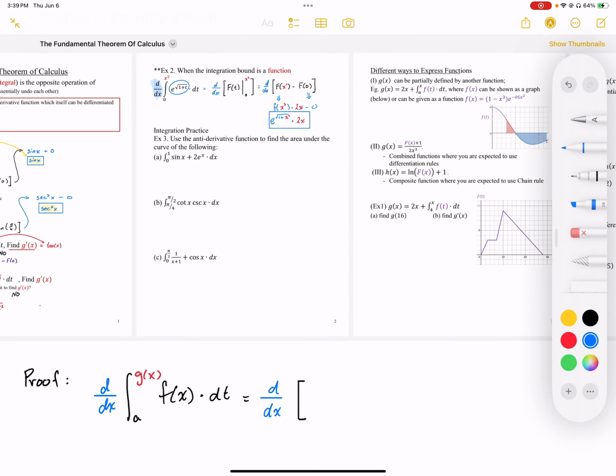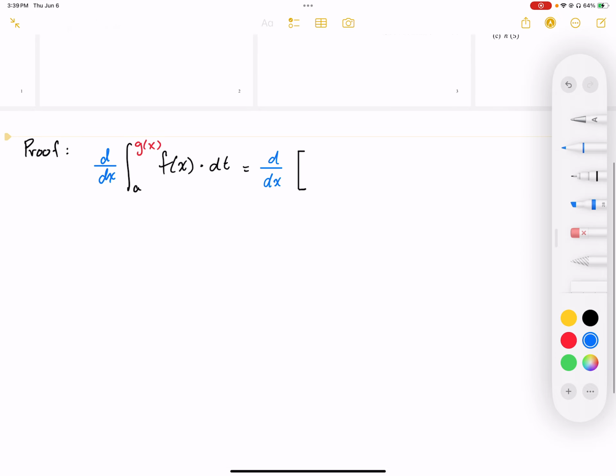So we can show proof of this as well. If we take a look at when we have an embedded function like that, we know that as we anti-differentiate f, we get the big F function. And we're going to plug in our bounds from a to some function that is g of x. Okay. I'm going to evaluate that integral.